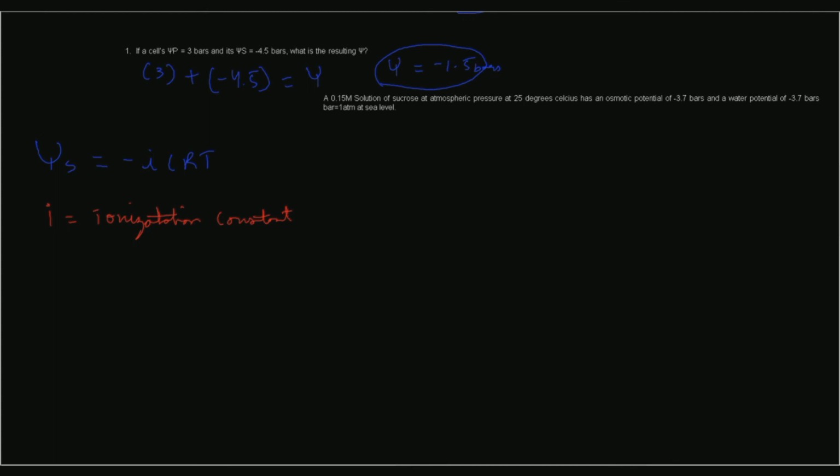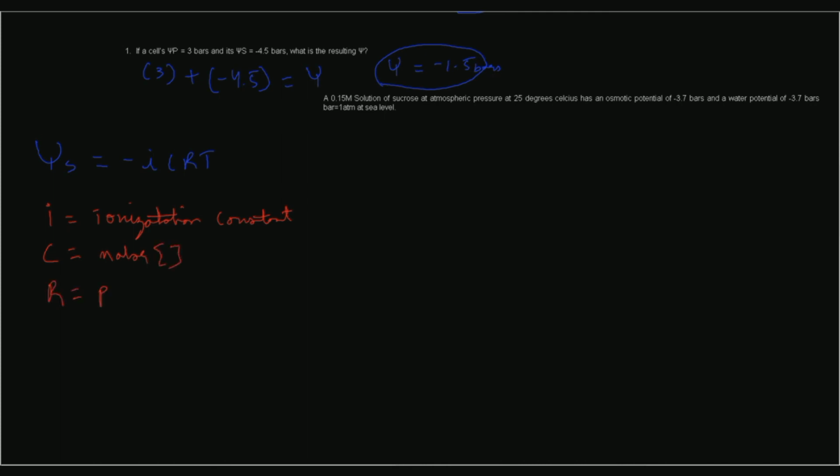So for example, in the case of salt, if we were trying to find the solute potential of salt, we would put 2, or if we were finding the solute potential of sugar, we would put 1 because it wouldn't break apart. Okay, so then we have C, which is the molar concentration.